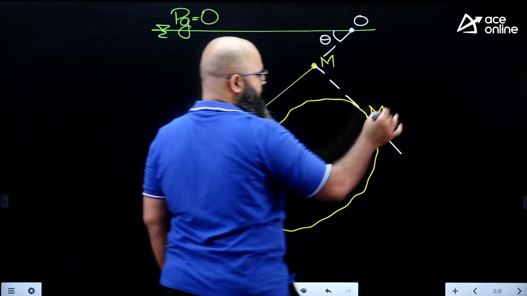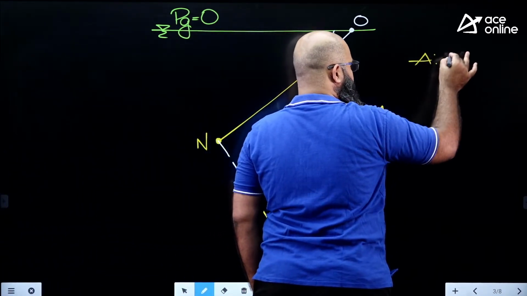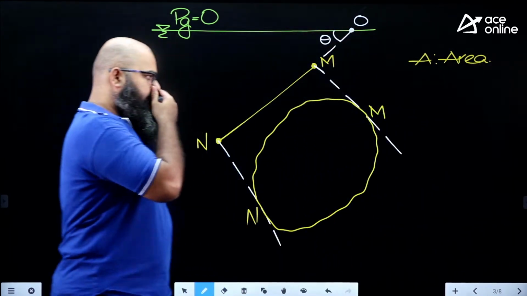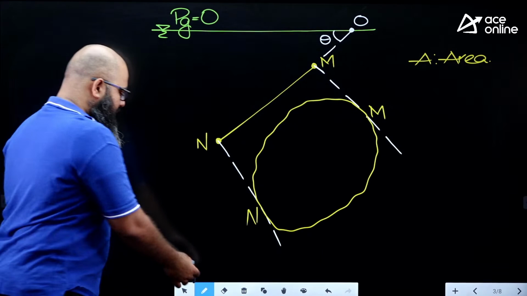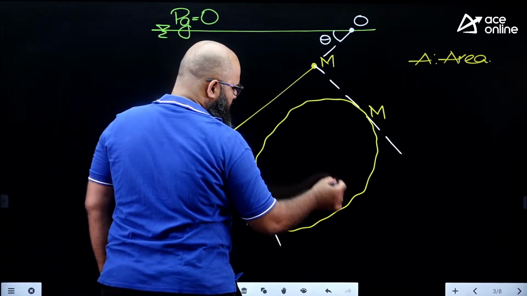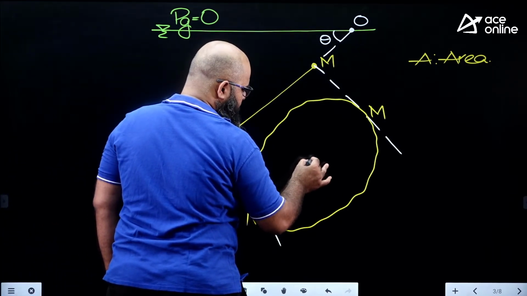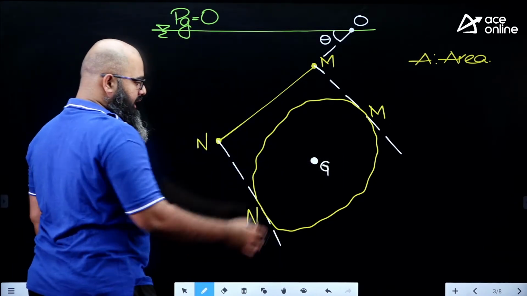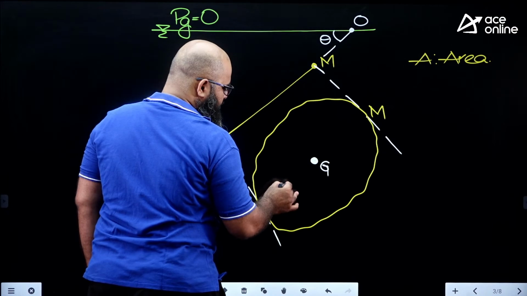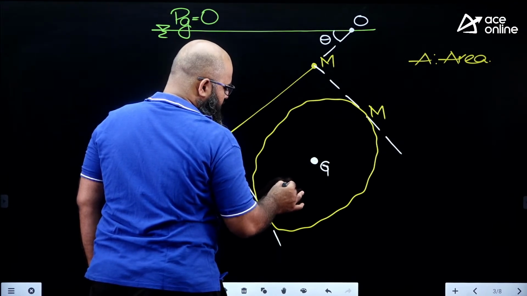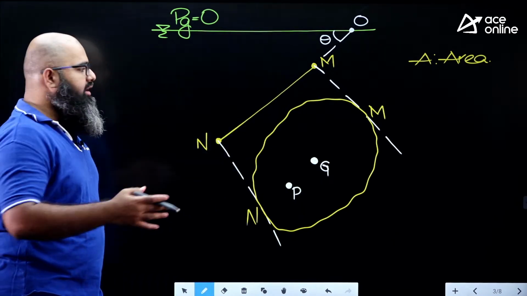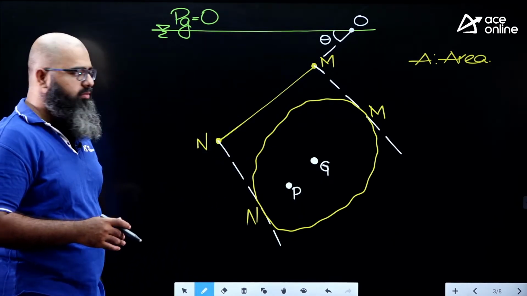The actual area, capital A, is the area of this particular plate. Now there is going to be a center of this plate, which we have mentioned some time back. This is the center of this plate, G. And in this particular case, center of pressure is supposed to come below G. The only time center of pressure can coincide with G is when the plate is in horizontal position.